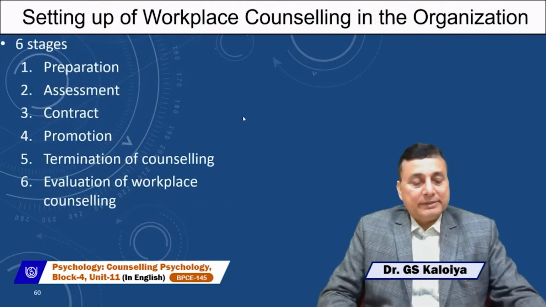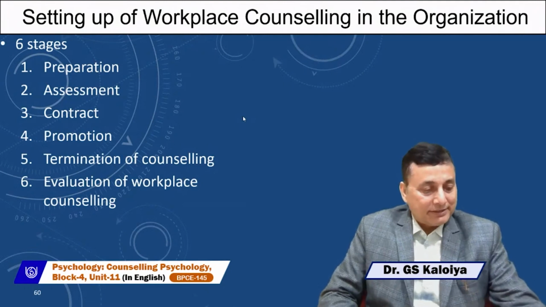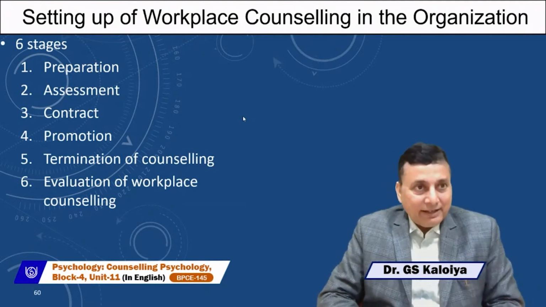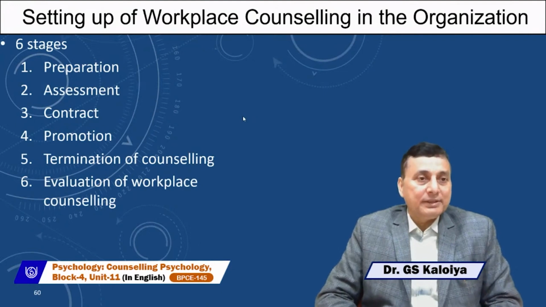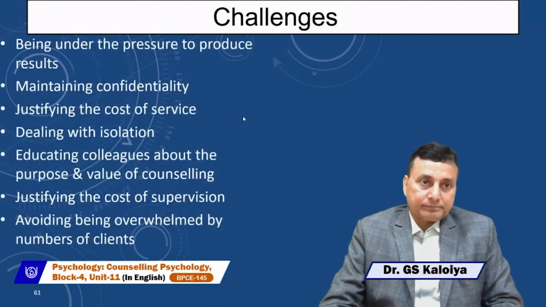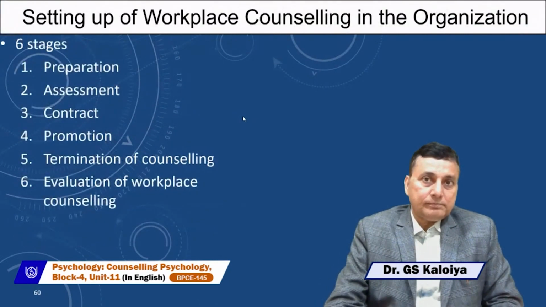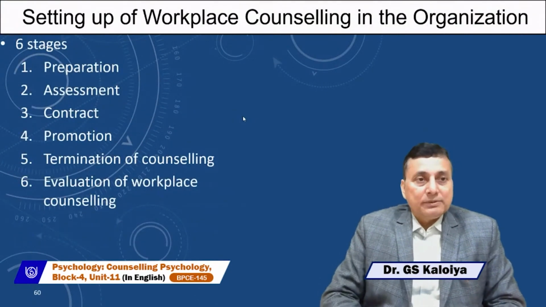So, setting up a workplace counseling in any organization. There are 6 stages: preparation, assessment, contract, promotion, termination of counseling, and evaluation of workplace counseling. So what is to be done?